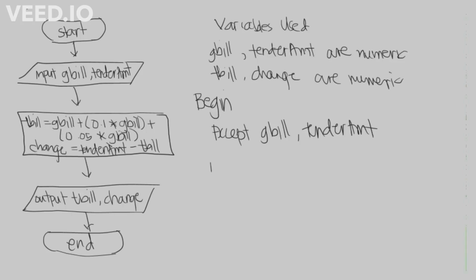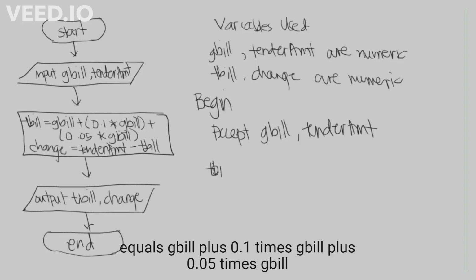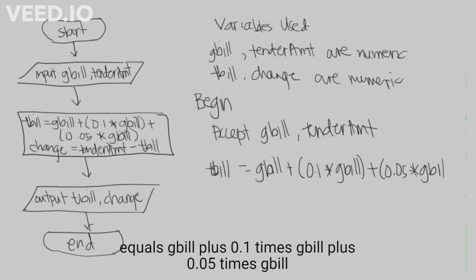Then process T bill equals G bill plus 0.1 times G bill plus 0.05 times G bill.